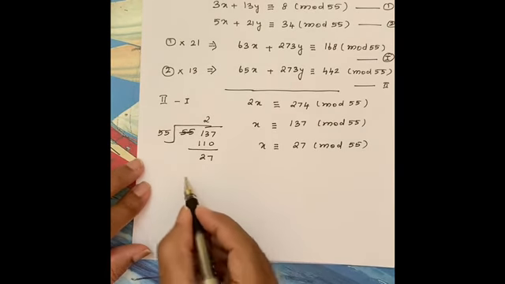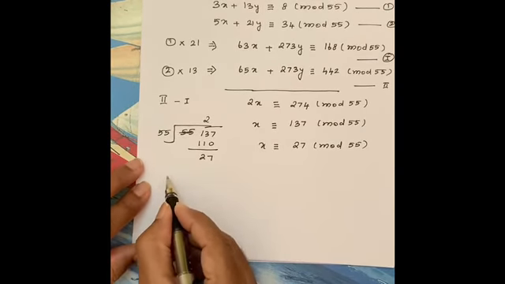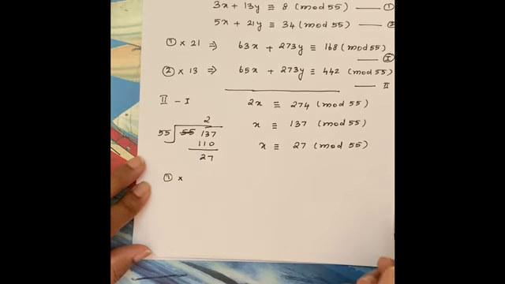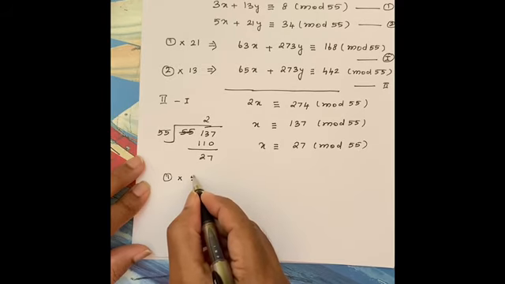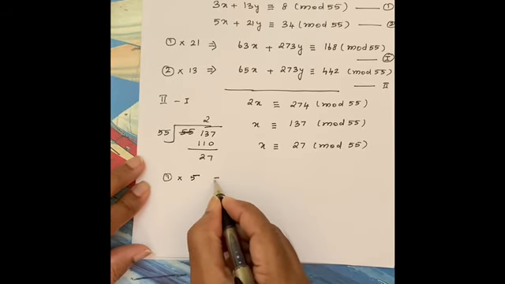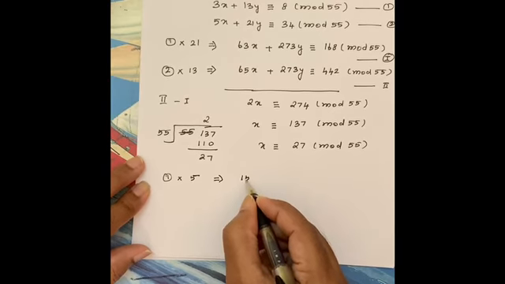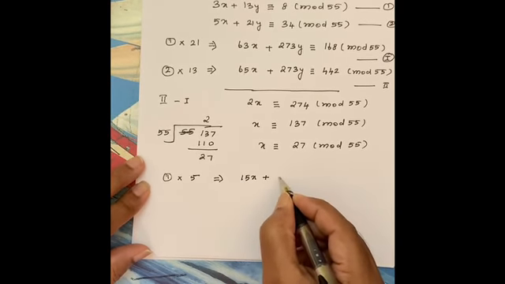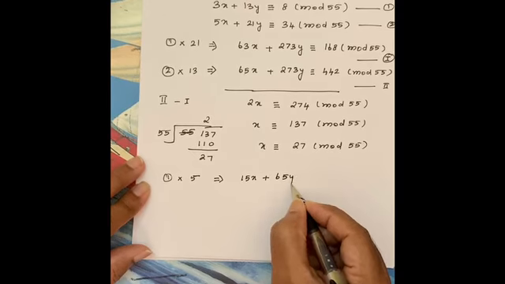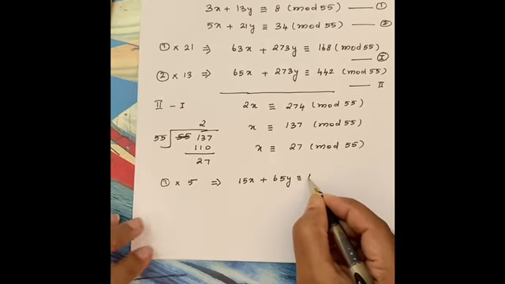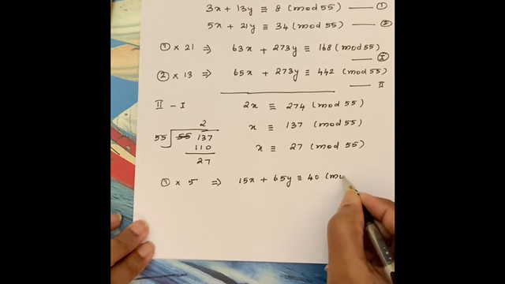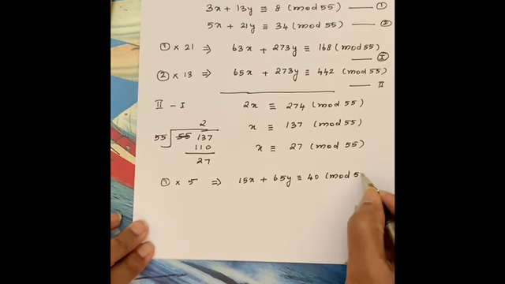Similarly, same idea. Now I am eliminating x. Previously eliminating y, now eliminating x. So first equation multiply with the second equation's x coefficient, 5. 3 times 5 is 15, 15x plus 13 times 5 is 65, 65y congruent to 8 times 5 is 40 modulo 55.